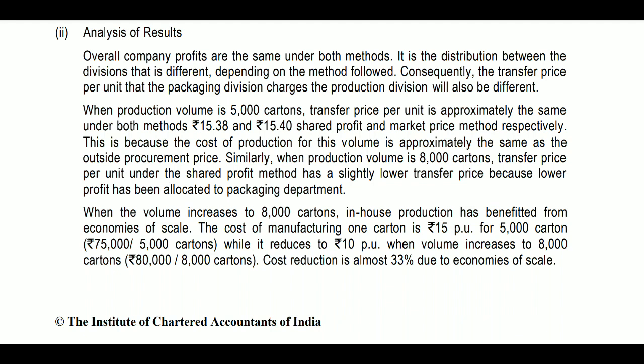Here we see that the cost of manufacturing one carton is 15 rupees per unit for 5,000 cartons, that is 75,000 as the manufacturing cost, which is provided by the cost incurred. And if we see for 80,000 divided by 8,000 units, it will be 10 rupees, reduced to 10 rupees, where volume was increased, then cost decreased.